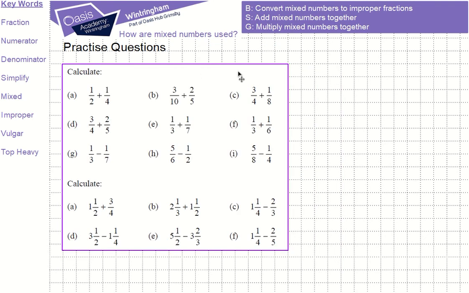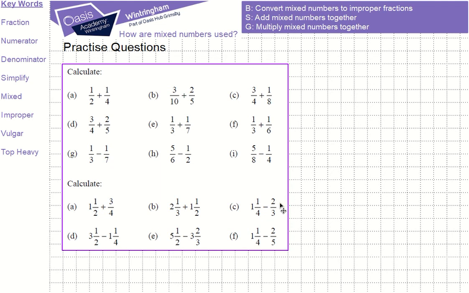And we've got our practice questions here. So the top section, if you're not sure about how to convert mixed numbers into improper fractions, then you can just do this top section here. This is just normal adding and subtracting of fractions. If you feel as though you understand this first section, you know how to calculate with normal fractions, you don't need to do that section.